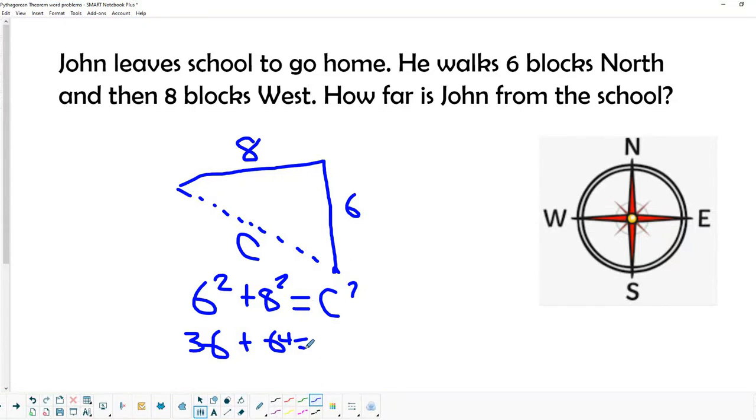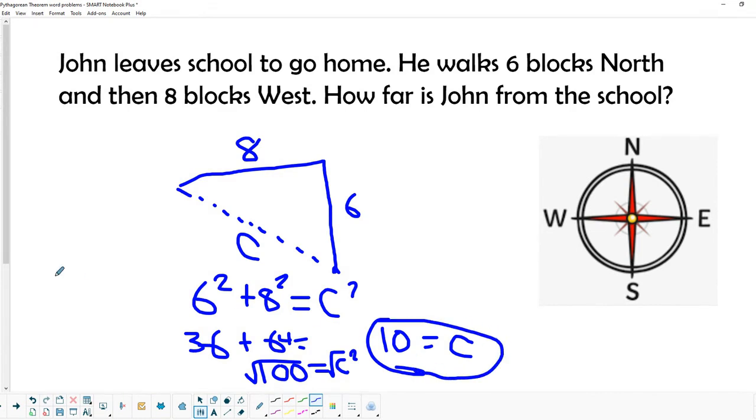Okay, so 64 plus 36 equals 100, and that equals c squared. So when we take the square root of both sides, guess what we get? You guessed it, c equals 10. So c equals 10, and on to our next problem.